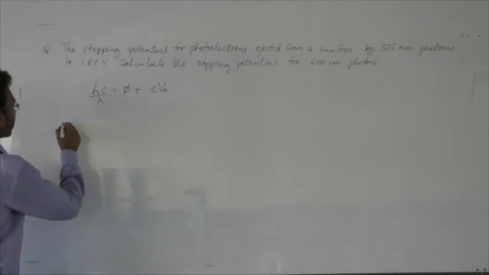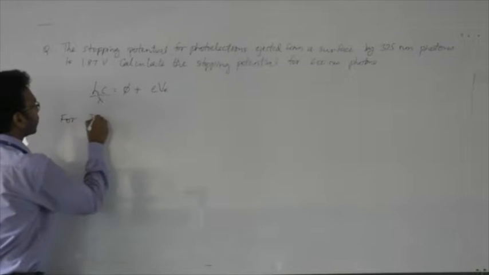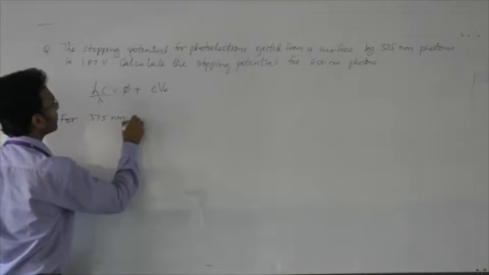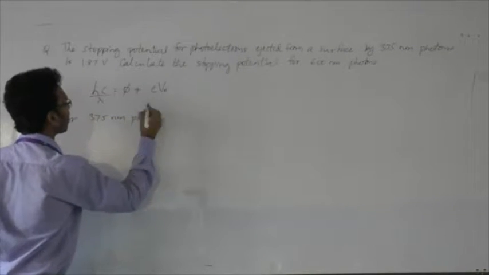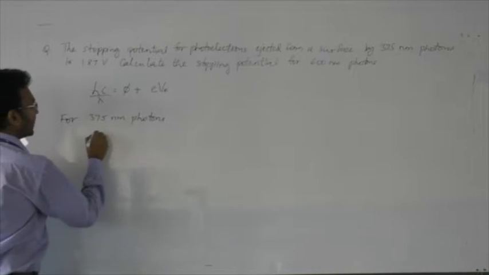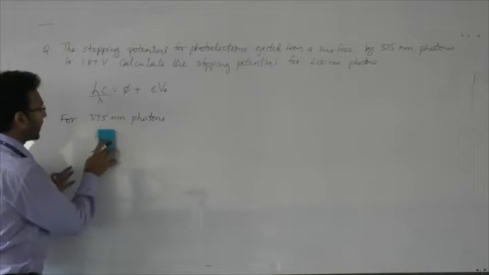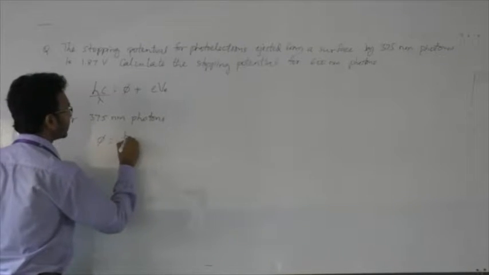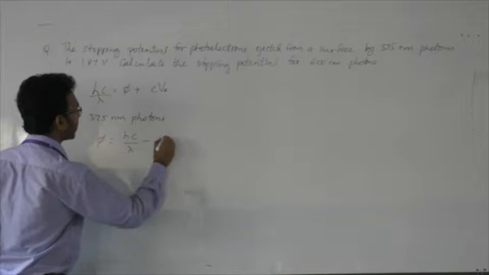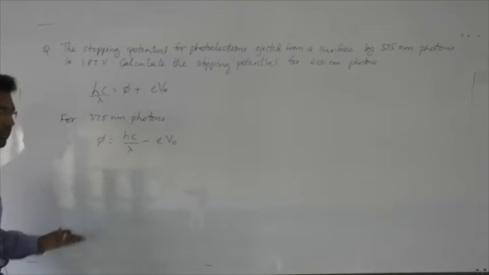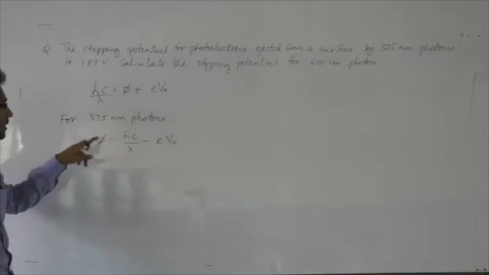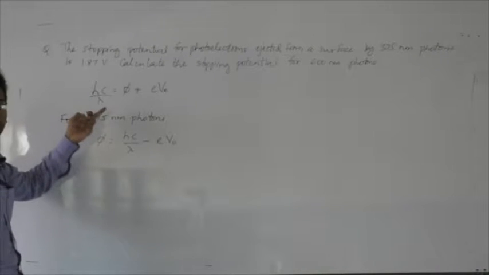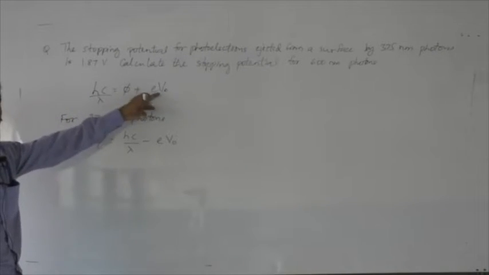So let's see, for 375 nanometer photons, phi equals hc by lambda minus eV naught. If we know phi, I can substitute this value of phi for 600 nanometer photons and find V naught.